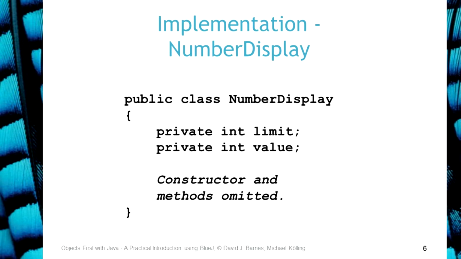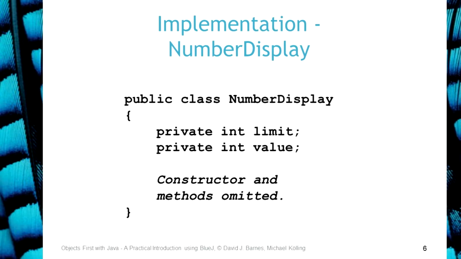We shall look at the remaining details of this class later. But first, let's assume that we can build the class NumberDisplay, and then let's think a little bit more about the complete ClockDisplay. We would build the complete ClockDisplay by having an object that has internally two number displays, one for the hours and one for the minutes.